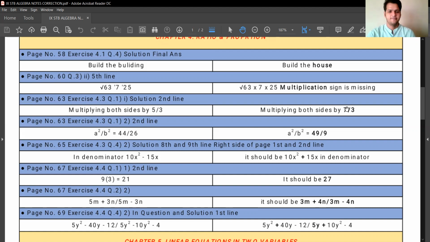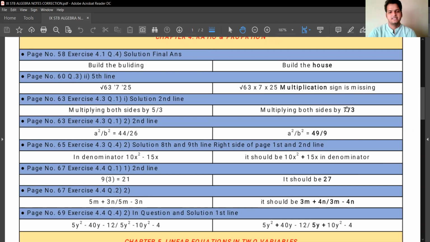Page number 65. Exercise number 4.3. Question number 4. Second question. The solution of 8th and the 9th line on the right side of the page. And the first and the second line on the right side. In the denominator, 10x square minus 15x has been printed. I'll repeat, in the ratio, there is a part of denominator.